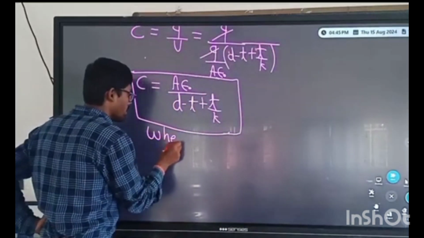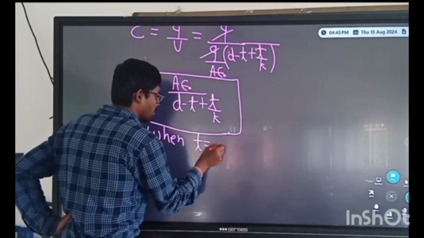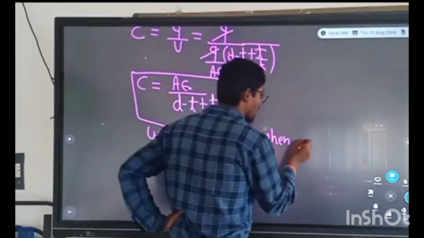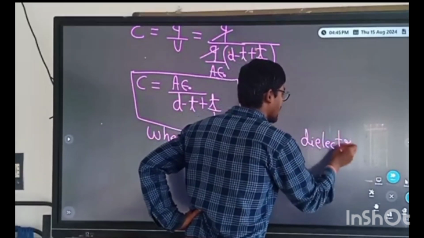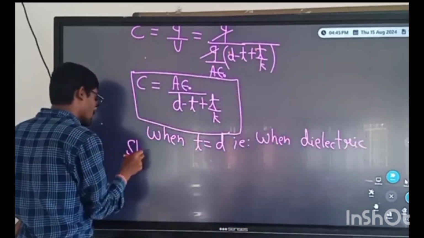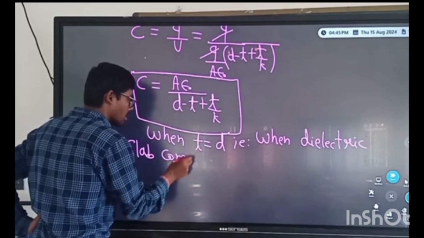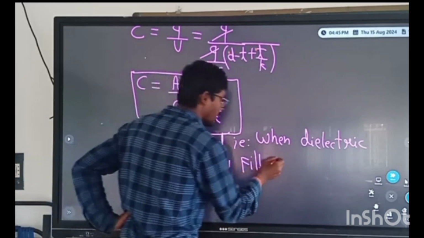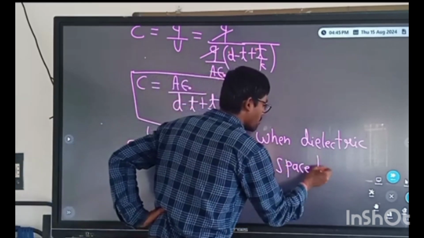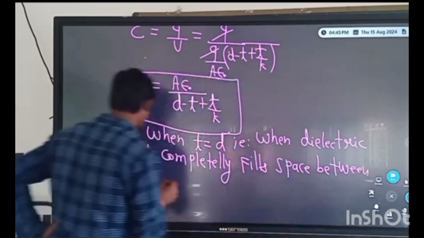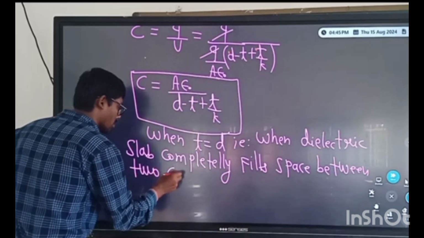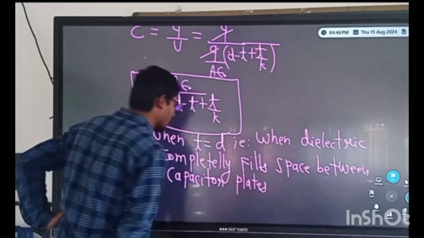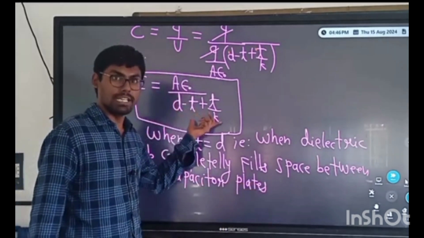When T is equal to D, that is, when the dielectric slab completely fills the space between the two capacitor plates, we put T is equal to D.